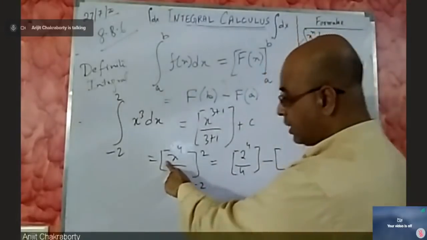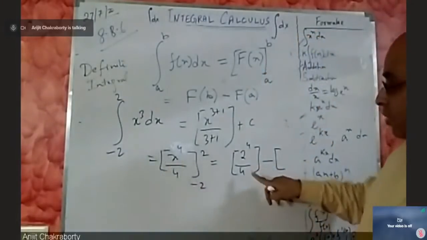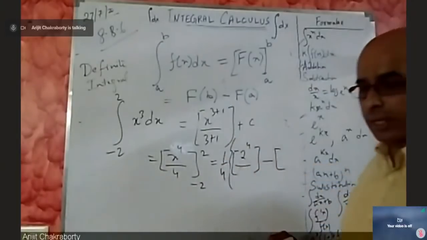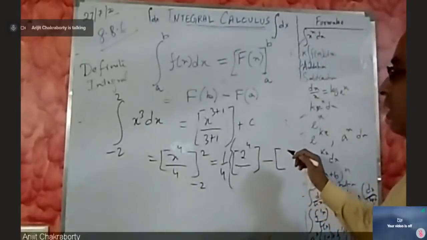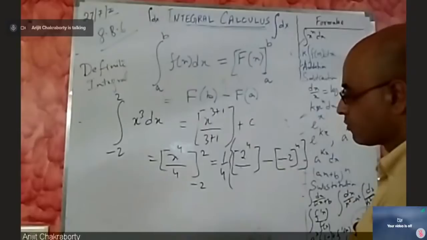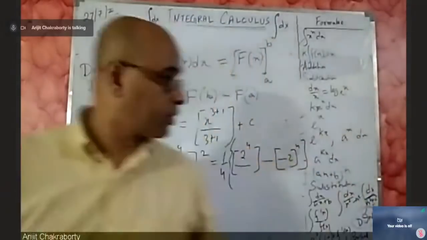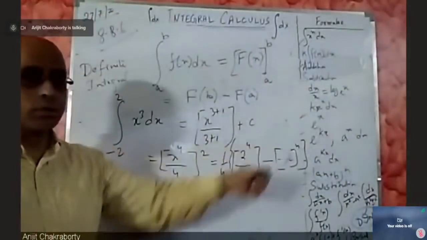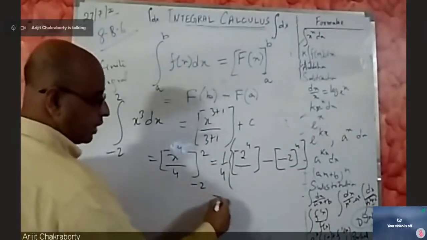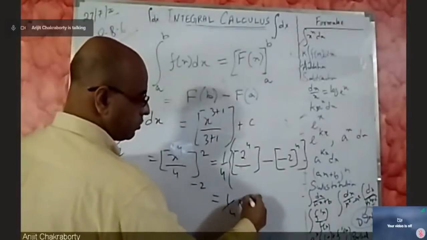In fact, you can bring out 1 by 4 from here and calculate like this: 2 to the power 4 minus minus 2 to the power 4. In this case, we are getting 2 to the power 4 minus 2 to the power 4, which gives you 0. So the answer is 1 by 4 into 0, that is 0.